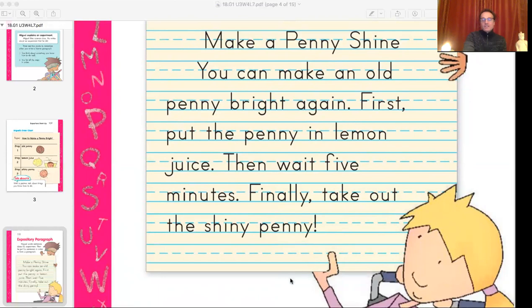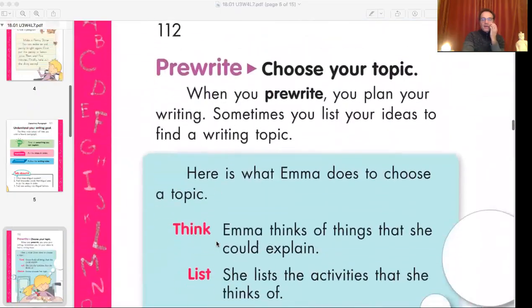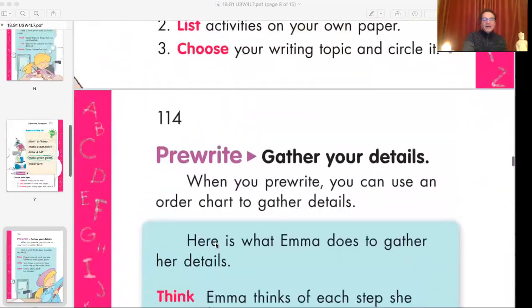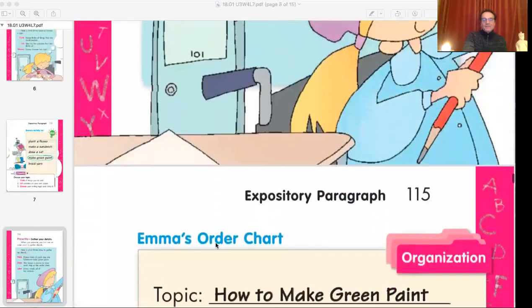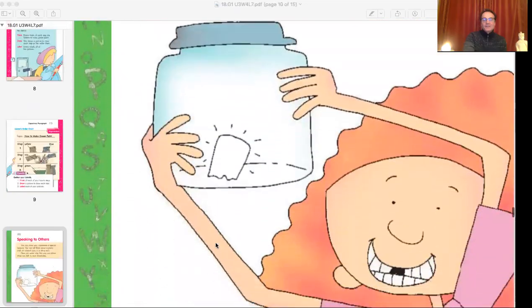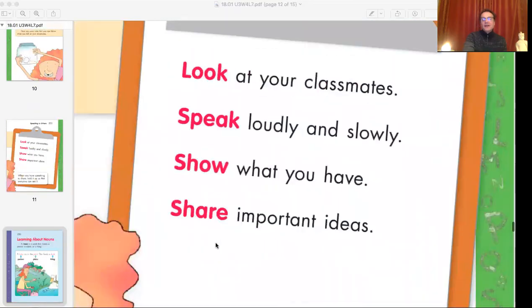I want to point out some special words. What are they called? Let me think about that for a second. I got to jump ahead and see what were those words called that he used. I thought I could find it.